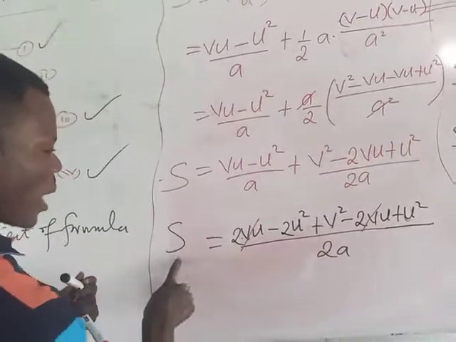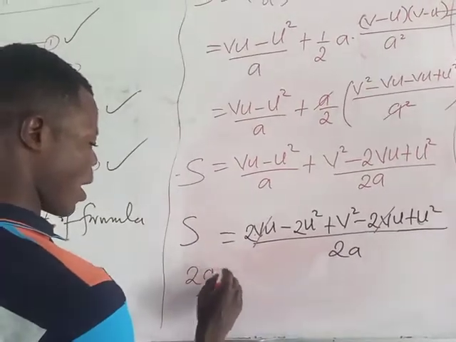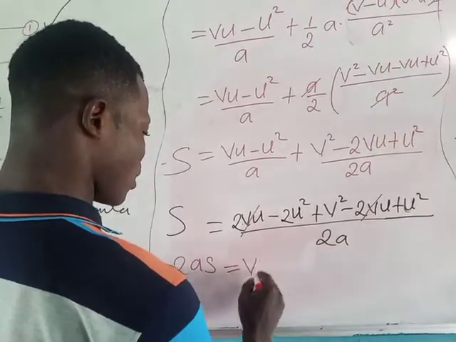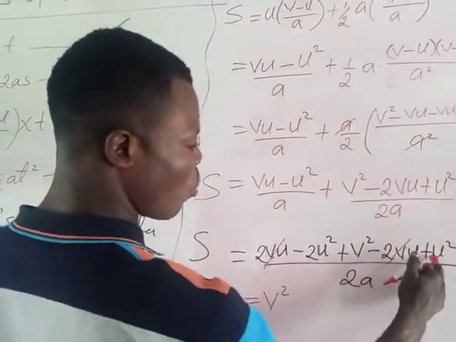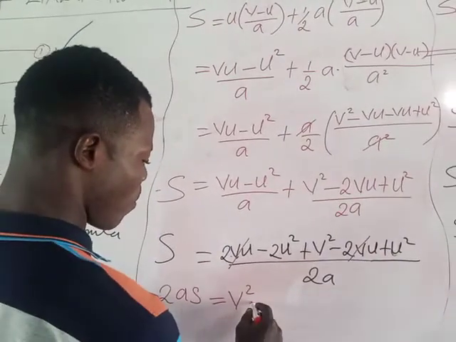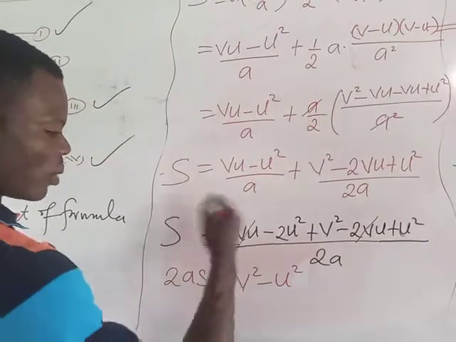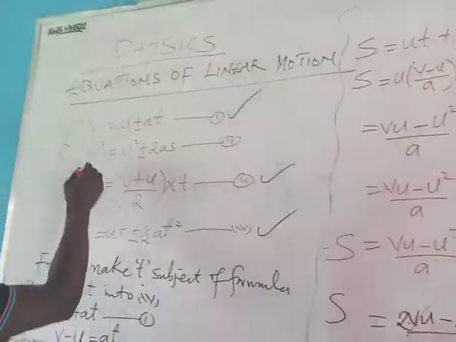When you cross multiply, you have 2ax equal to v squared. So minus 2u squared plus 1u squared will give you minus u squared. Let's take this to this side so that we can standardize it to this form.